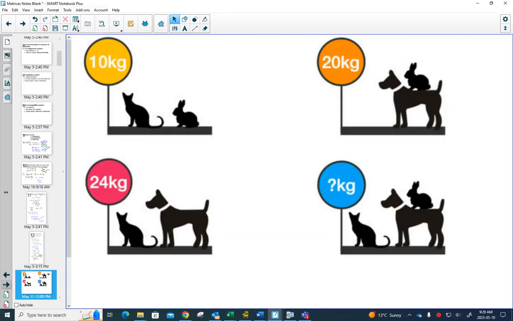Here is a problem-solving question for you. What the heck? They all hopped on there at the same time. How much do they weigh?